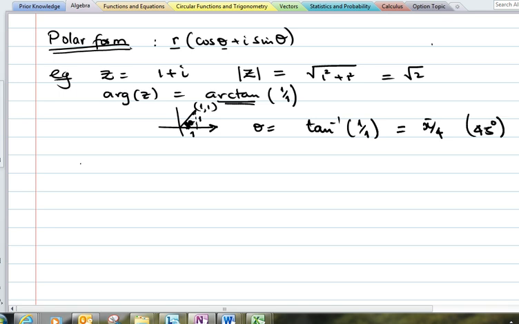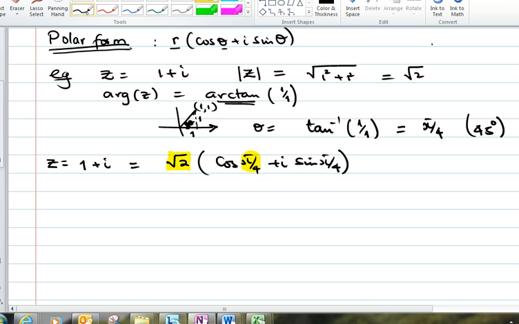So then the complex number z, which is 1 plus 1i, is now written as root 2 (cos pi over 4 plus i sine pi over 4). That means the modulus of the complex number is root 2 and the argument is pi over 4.